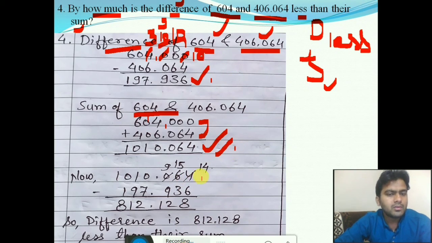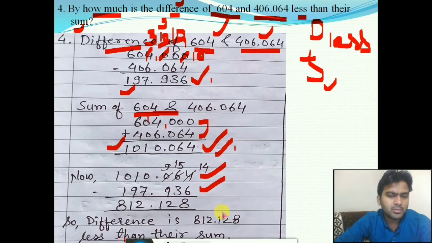So from the sum we will subtract their difference, because this number is a small number and the sum is a bigger number. So we will subtract, and finally we will get 812.128. So we can say the difference is 812.128 less than their sum.